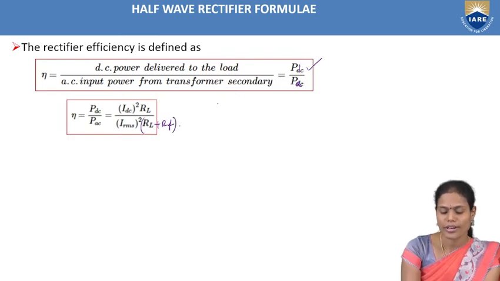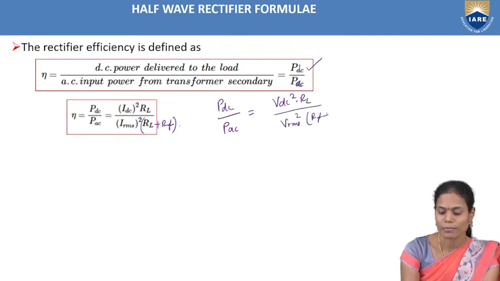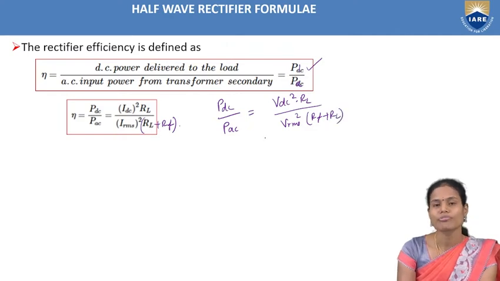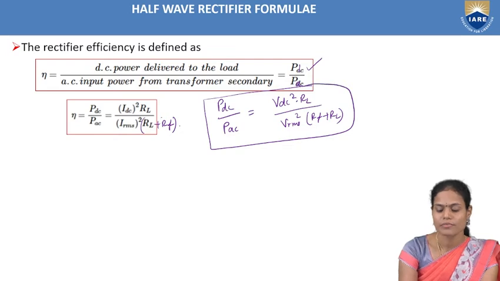And we can also write it as PDC by PAC equal to VDC square into RL by VRMS square into RF plus RL. So in order to find the efficiency of the half wave rectifier, we can utilize this formula as well as this formula here.